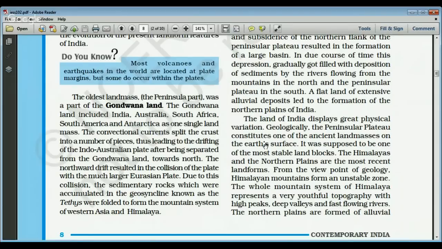This northward drift resulted in the collision of the Indo-Australian plate with the much larger Eurasian plate. When the collision takes place, a convergent boundary forms, and this resulted in the formation of the fold mountains of the Himalaya.